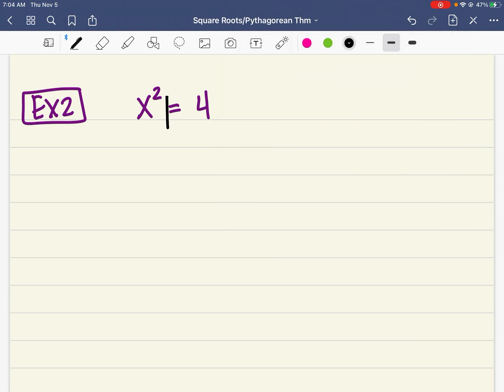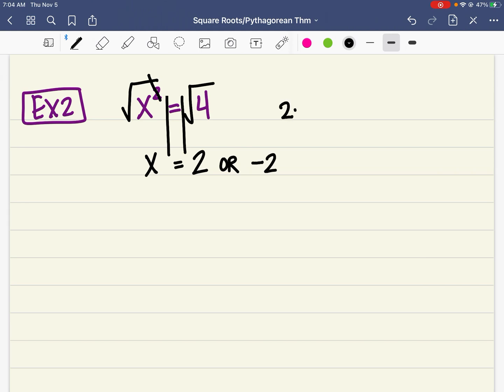All right, so whatever we do to one side, we have to do to the other. We undo x squared by square rooting both sides. So notice I did it to both sides. And the exponent and the square root symbol cancel each other out. And I get x equals, now we've got two possible answers. I could have 2, or I could have negative 2.